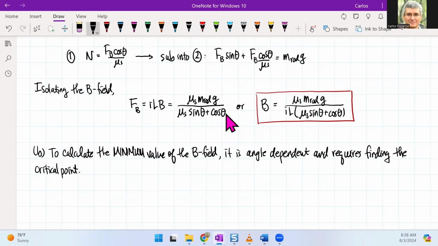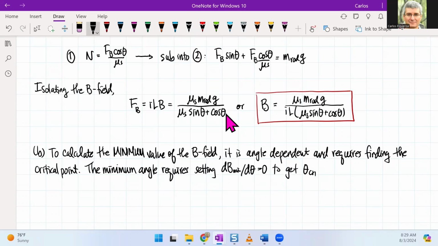So the question is, what is that minimum angle? The minimum angle requires setting dB_min over d theta equal to 0 to get theta critical.